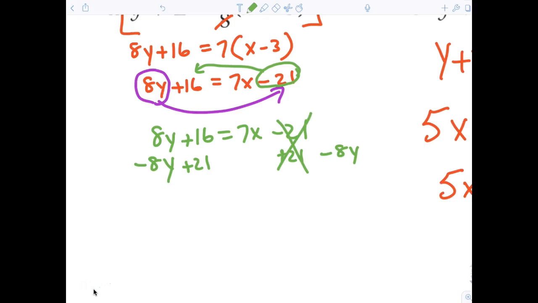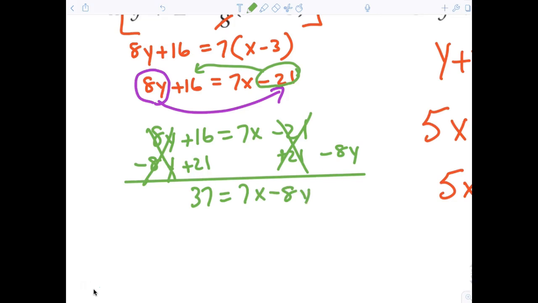They cancel. What happens to the 8y and the negative 8y? They cancel. What's 16 plus 21? 37 equals 7x minus 8y. Still not written in standard form because the x and y go first. So we just simply write 7x minus 8y equals 37.